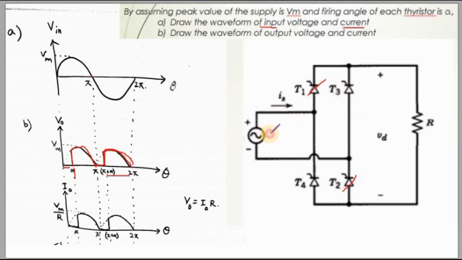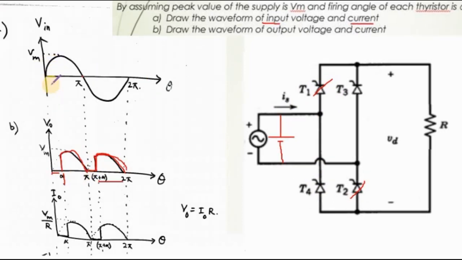This is the voltage at the positive half cycle, plus voltage. This is reverse bias and that is also disconnected. So you don't have any path to flow. So from here to there, current is 0.